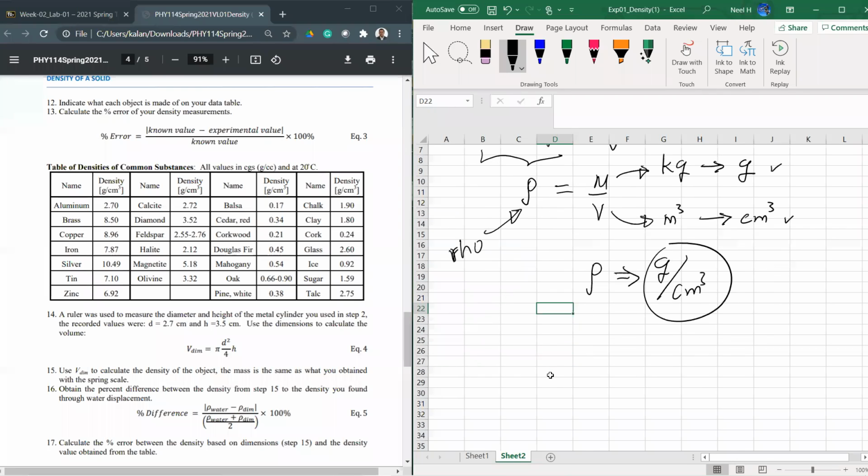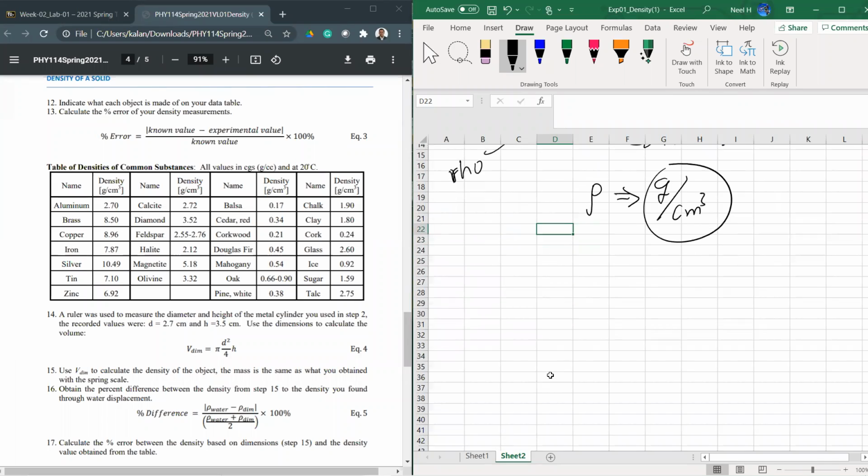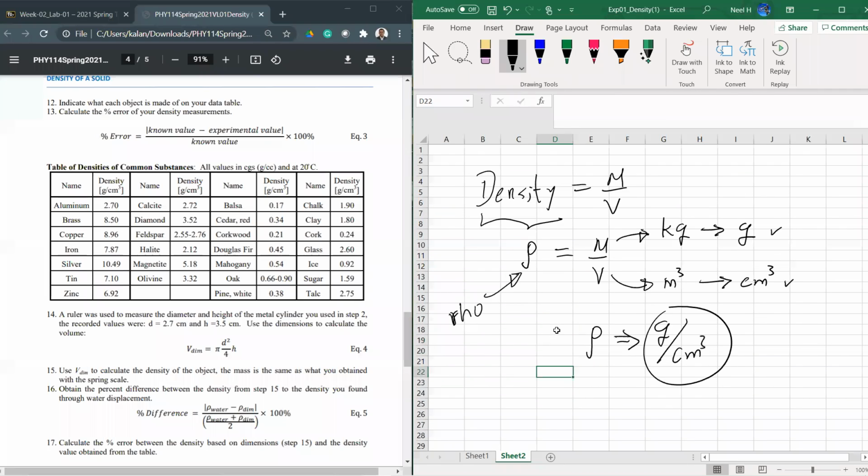And in terms of measuring, the idea of density is technically, if you have any object, what material the object is made of is why the density is important, right? Because the size or shape of the object doesn't matter.